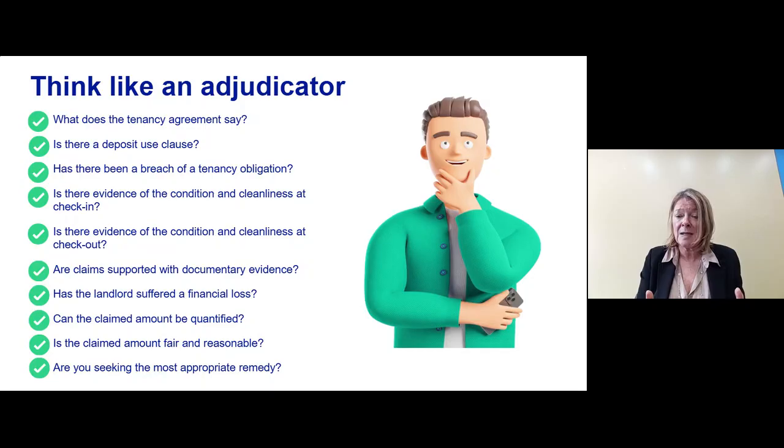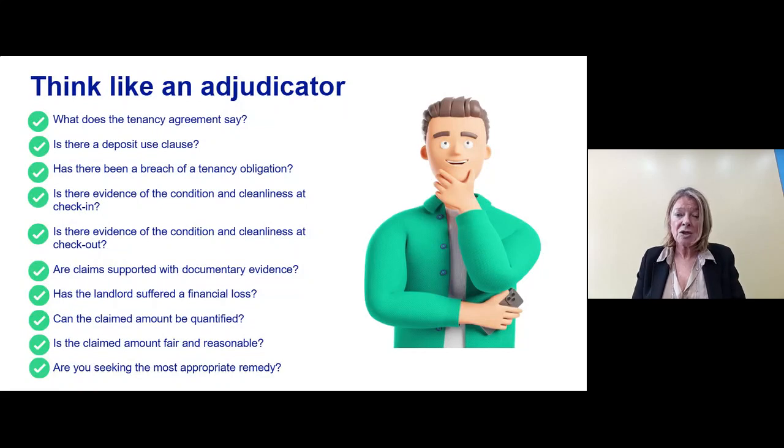So you can say to the tenant, this is the obligation that says you must not cause damage and that you must return it to the same condition. This is the check-in report, which shows that the table was in good condition. It had a couple of ring marks on it, but it certainly didn't have a broken leg or a wobbly leg, which is what the checkout report shows at the end of the tenancy. And then you would need to factor in whether that will happen anyway, fair wear and tear, which I'll come on to, or whether it's damage.